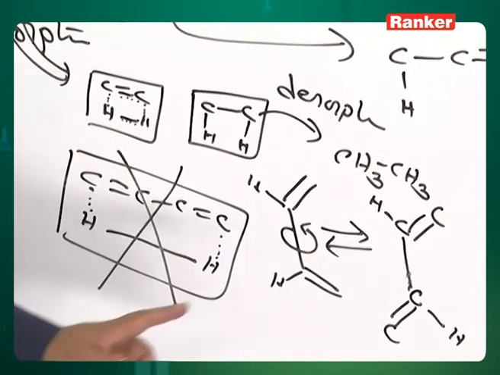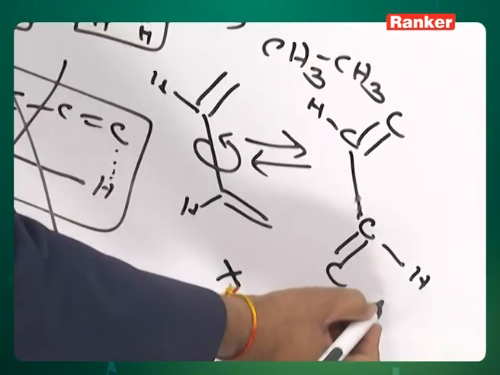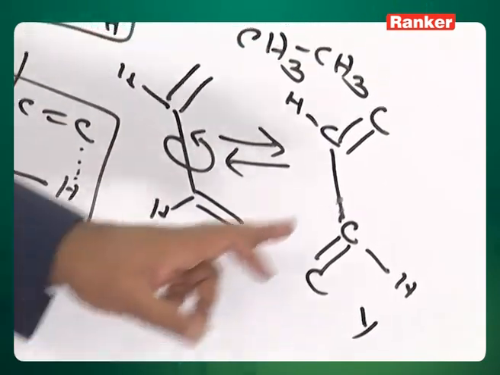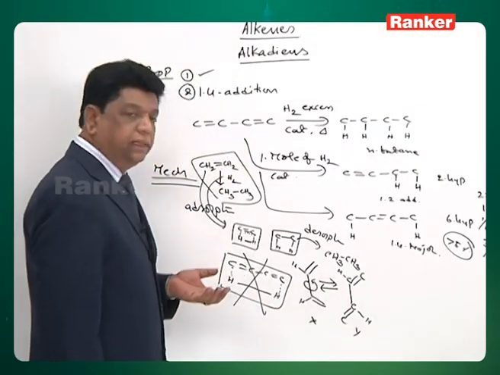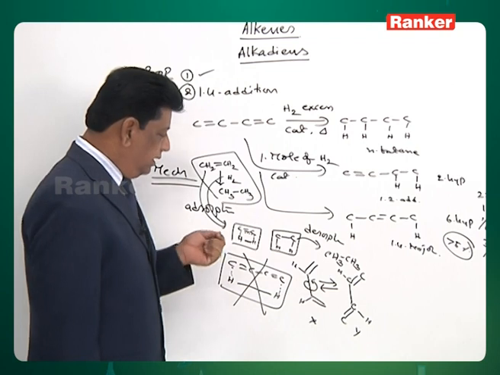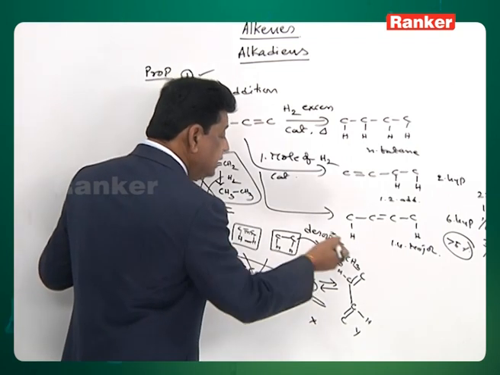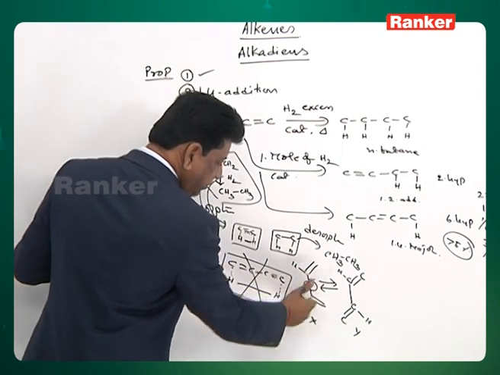Now can I ask a question: what is the relation between X and Y? X is a cis type, Y is a trans type. So we think they are geometric isomers, but that is wrong, because single bond rotation converts one into the other. The single bond rotates, and the double bond comes to this side.